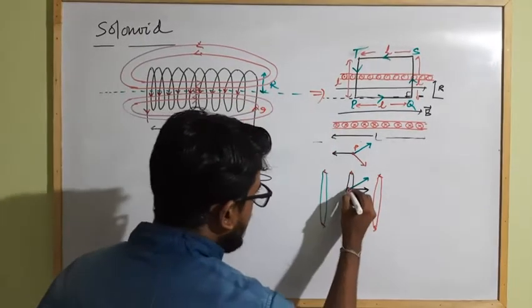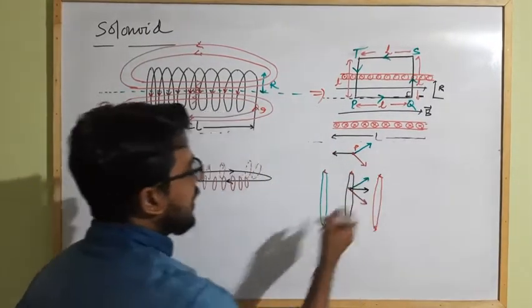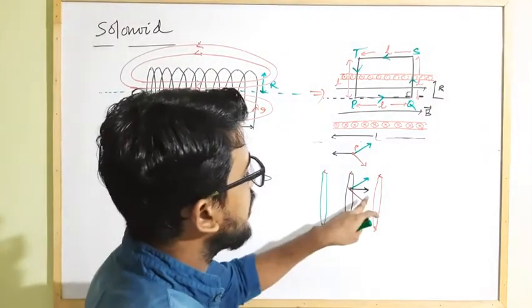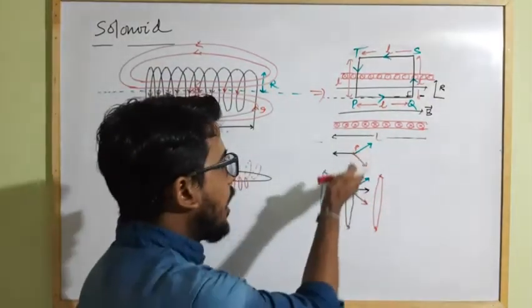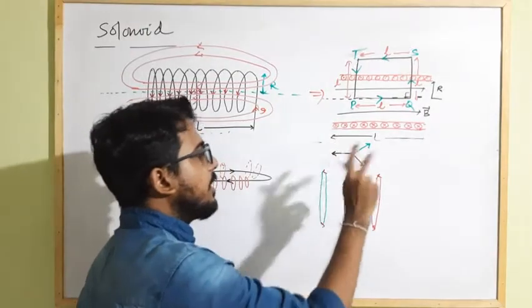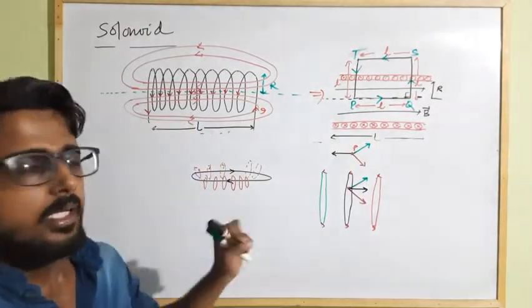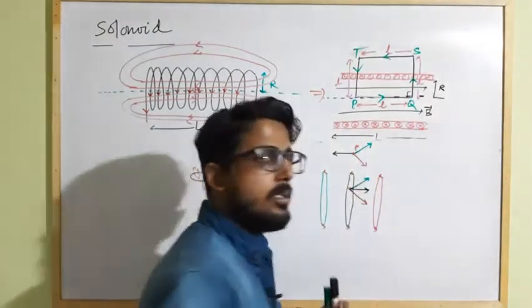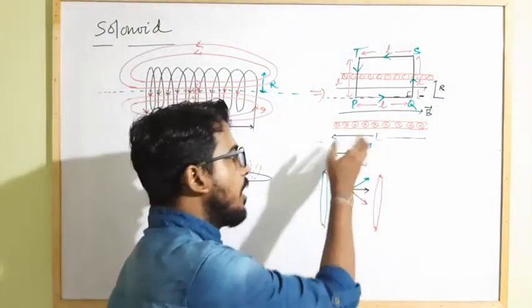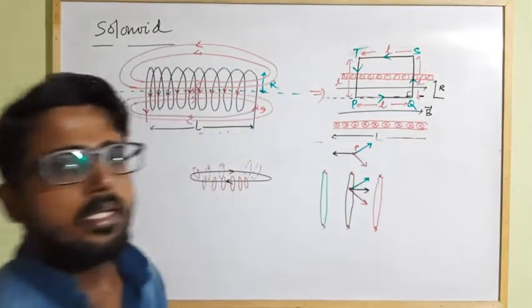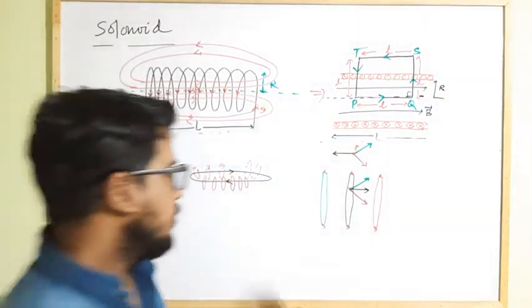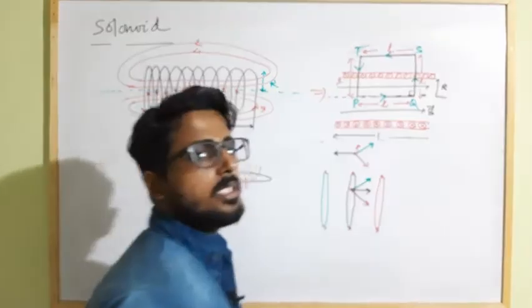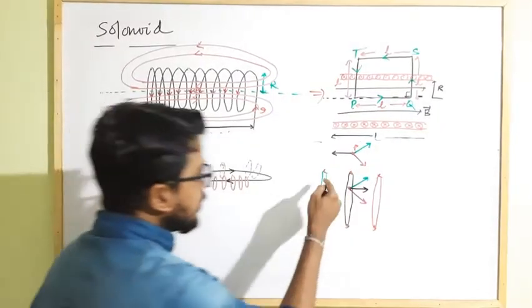So within the solenoid, all the three magnetic fields add up to give a net magnetic field, but outside they are in different directions, so that their resultant will be 0. So for an ideal solenoid, the net magnetic field within the solenoid will be uniform, and outside the solenoid it will be 0. Understood?